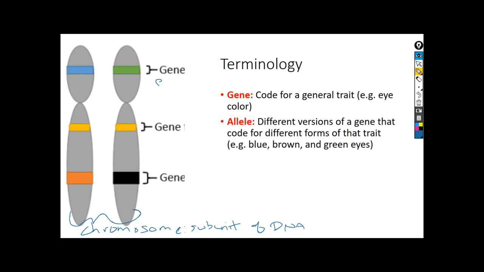Okay, so here's the gene for eye color, or the information on how to make eye color. Perhaps this one is hair color. The gene on how to make hair color. A gene on how to make height.